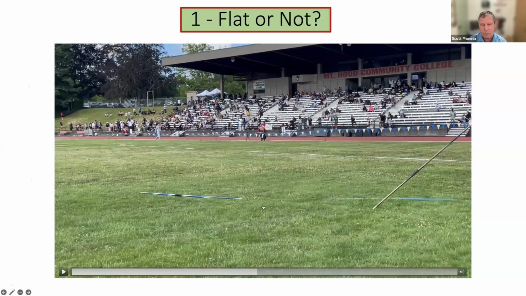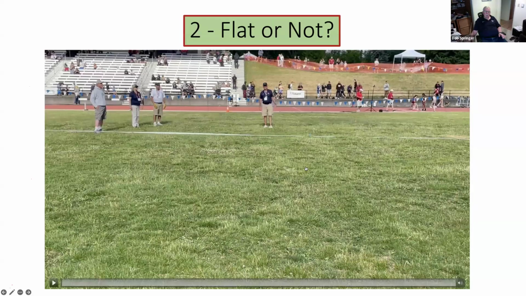If it lands with the tip first, that's going to cause the tail to be driven down into the ground, and that will tend to raise the tip of the javelin upon exit from the ground. Scott, my problem with all five of these, number three is not as bad.